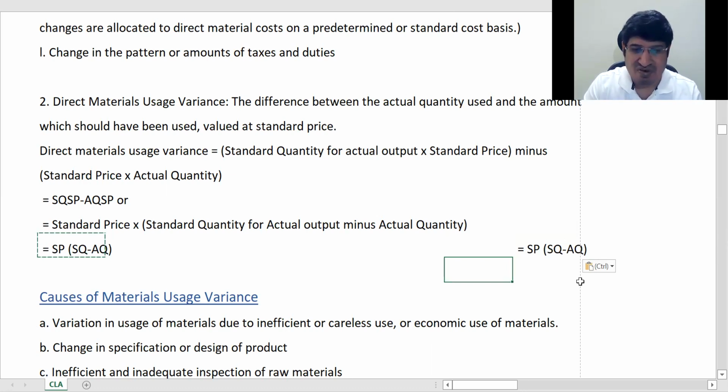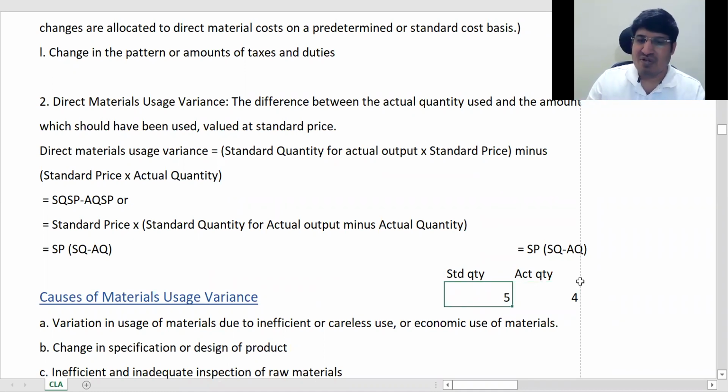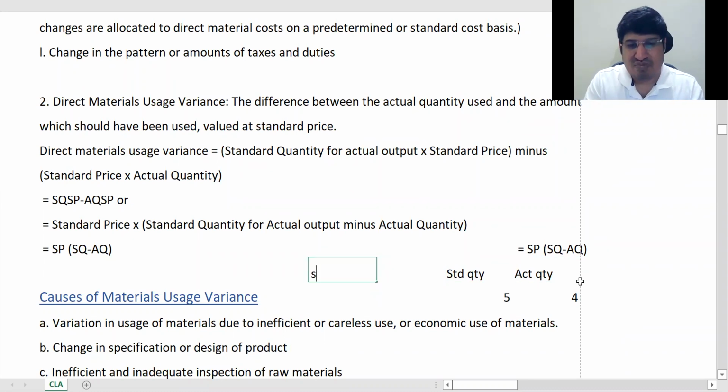Say your standard quantity needed is 5, actual quantity is 4. So in less quantity you have produced. Standard quantity minus actual quantity, 5 minus 4 will become 1 positive. The standard price is 2.